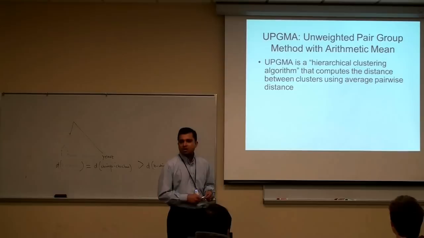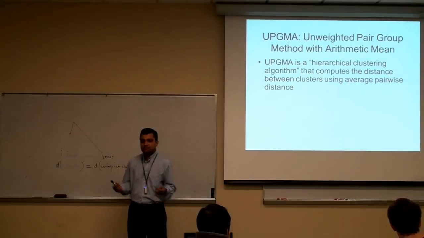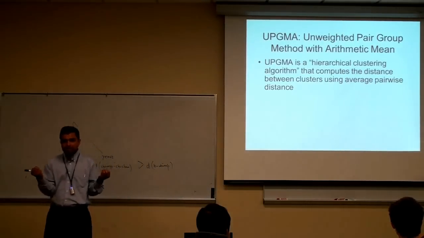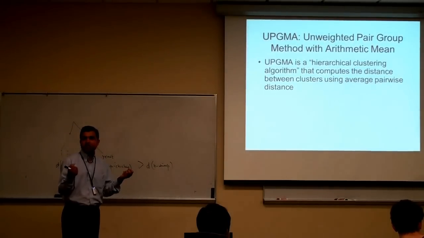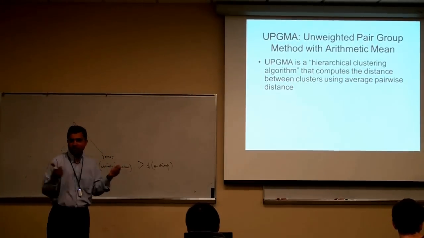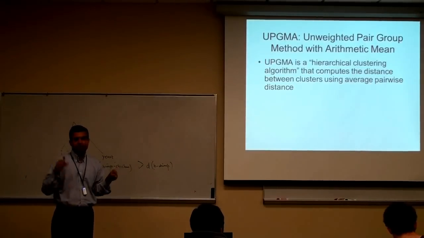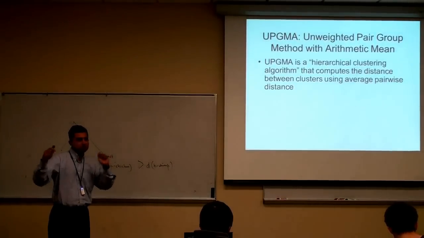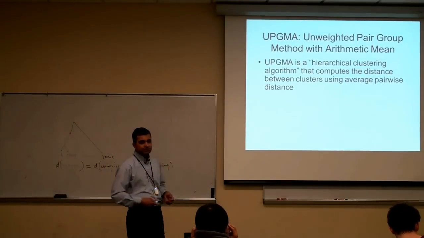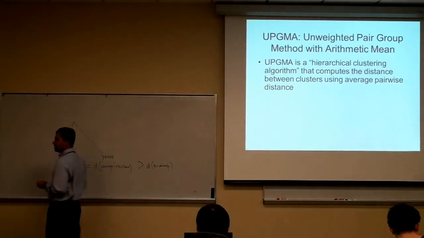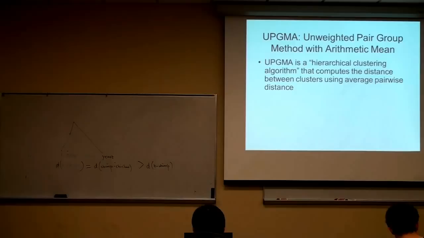Was that what I asked? But I had mentioned in class that the distance between two clusters can be defined in whatever way you want. For example, it could be the average pairwise distance. Take 1 point from here, 1 point from here, compute distance, do this for every pair of points, take the average. So that's what the distance here is defined as. Okay?